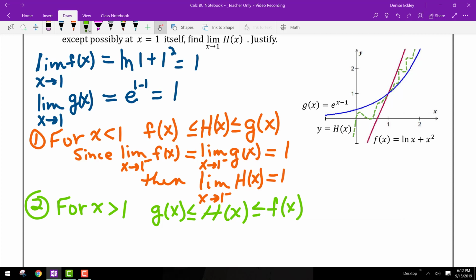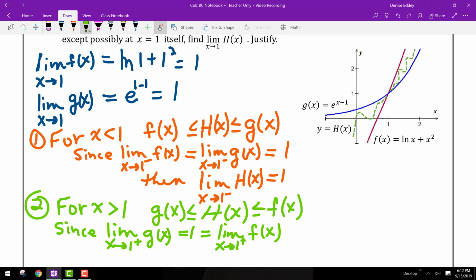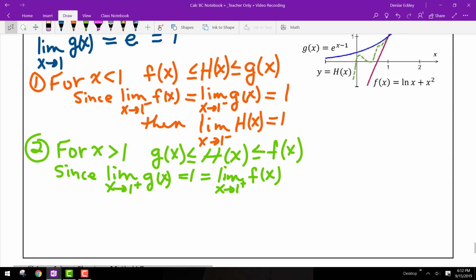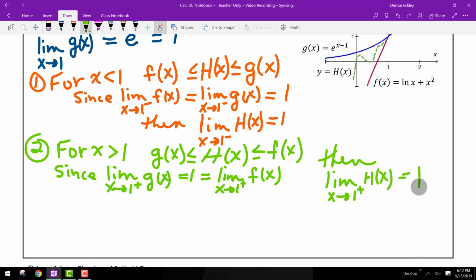So in this case, we can say, since the limit as x approaches 1 from the right of g of x equals 1, which is equal to the limit as x approaches 1 from the right of f of x, it follows then that the limit as x approaches 1 from the right of h of x is equal to 1.